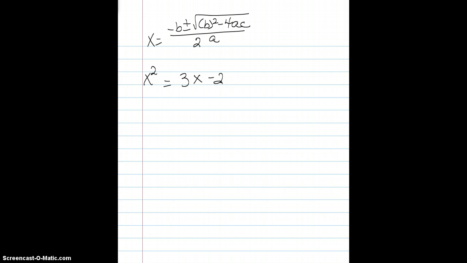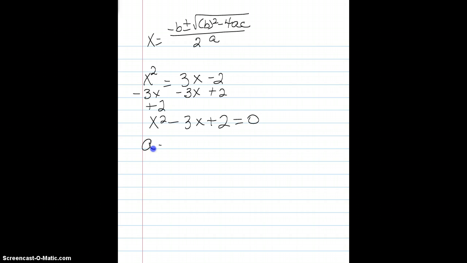Now I can't work this equation as it is because it's not set equal to 0. I need to start by subtracting the 3x and then adding the 2. So on this side of the equation, I get x squared minus 3x plus 2 equals 0.